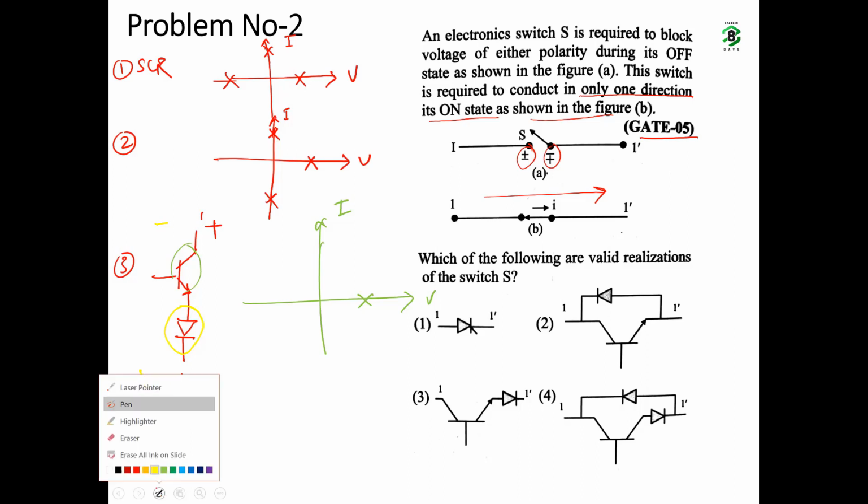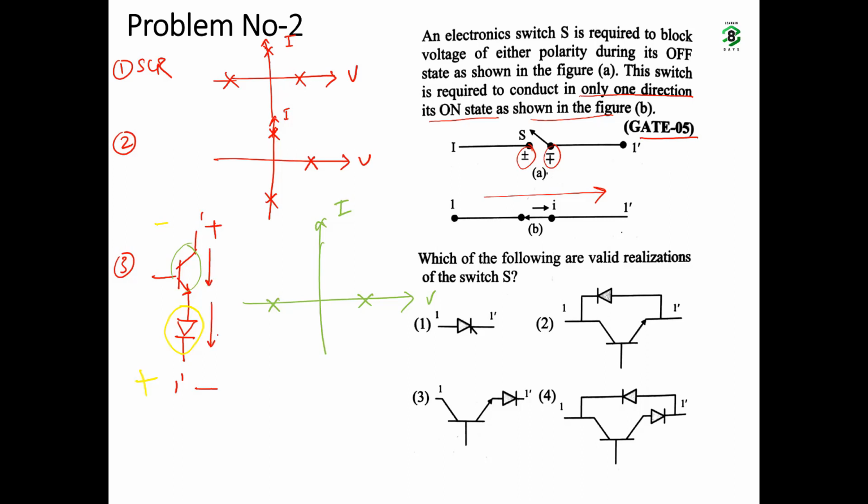Now comes the current direction. This BJT is allowing the current in this direction, and the diode is also allowing the current in this direction. So current flows from 1 to 1 dash, but the reverse current will be blocked by this diode as well as this switch. So it will allow the current flow only in one direction.